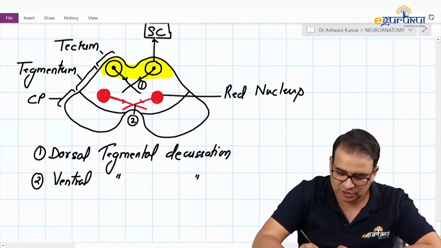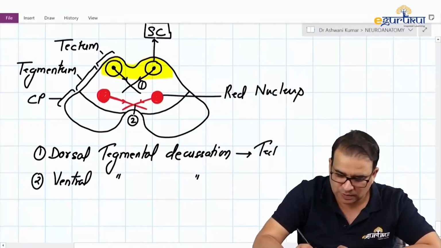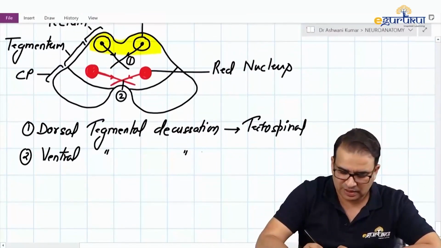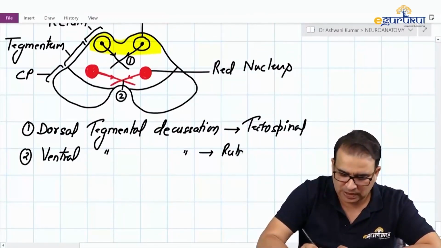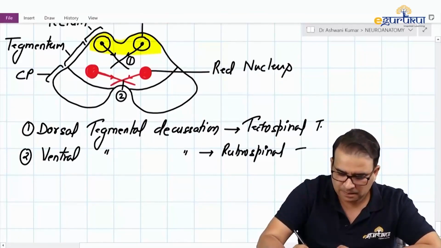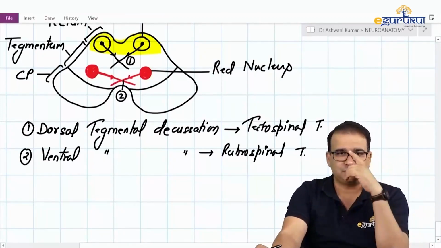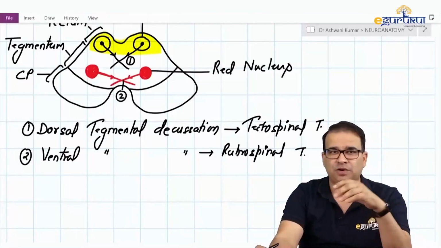The dorsal tegmental decussation, as we said, is for the tectospinal tract. It's a straight question. And the ventral tegmental decussation belongs to the rubrospinal tract. They do ask a straight question on this, which tract is for what, which decussation belongs to which tract.